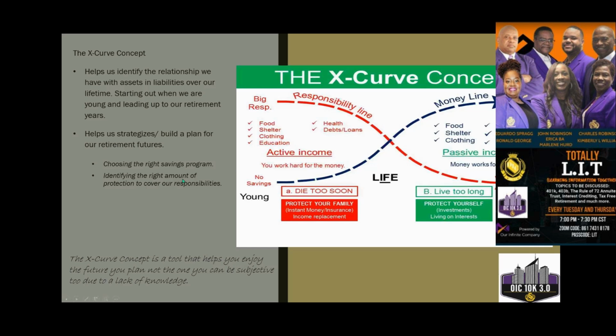And you can see that on the young side, on the red, where you're having to take care of debts, whether you're facing student loans or maybe a car note or other insurance liabilities, such as car insurance. You're learning that if I'm purchasing a home, I have home insurance.